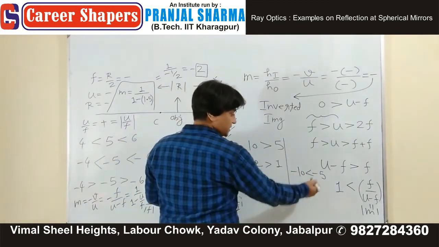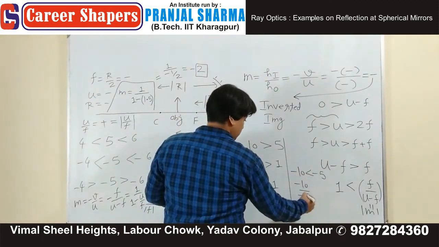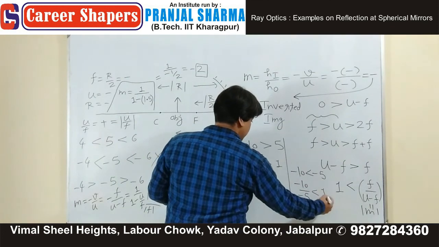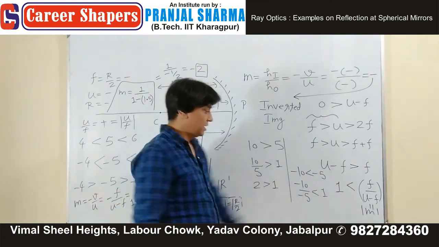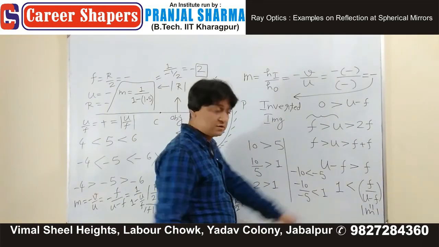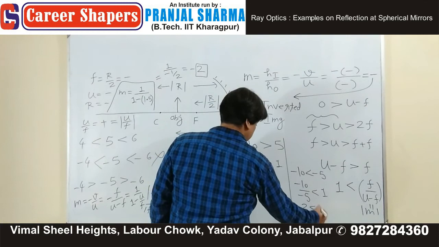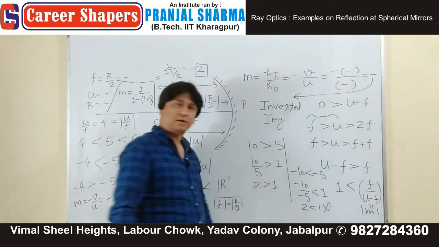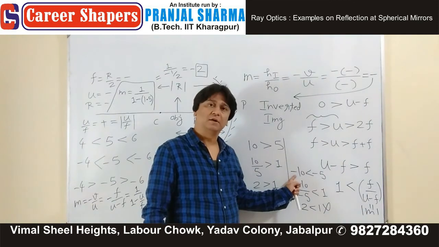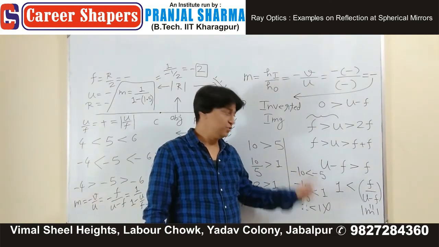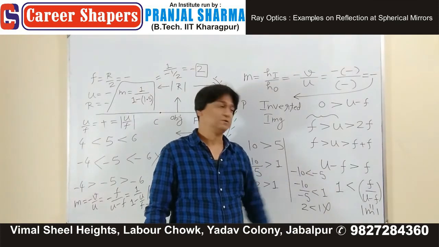So minus 10 is this, and now if I shift, but I continue with the same thing, if I shift minus 5 and I do not reverse the whole thing, then I am getting what? 2 less than 1, which is not correct. So whenever you divide by a negative number, you need to change. You need to change. That's why we did this.